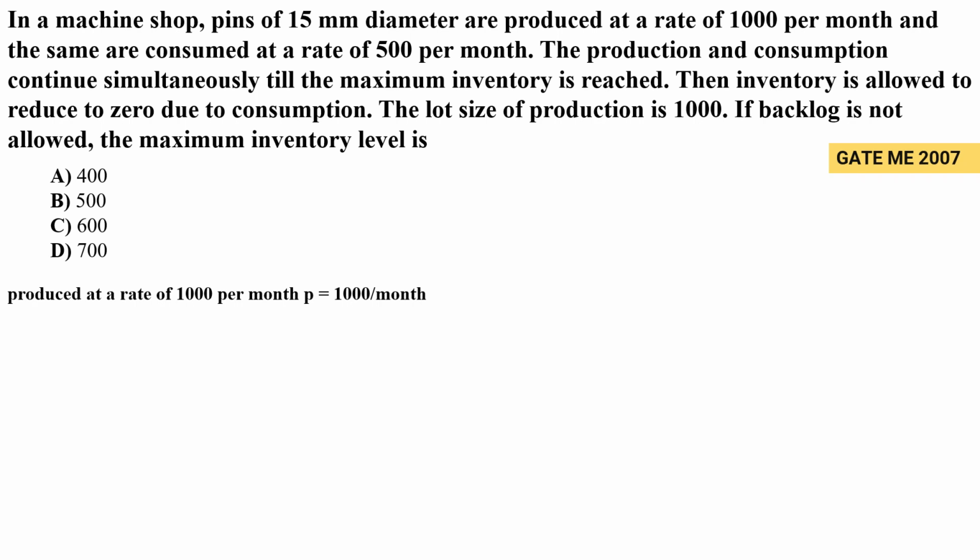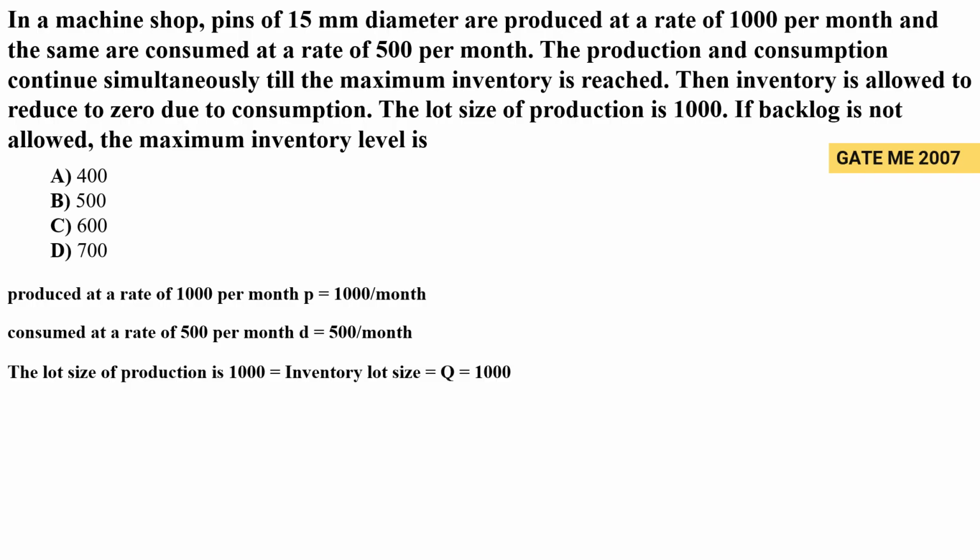So the production rate is given as 1000 per month, and the consumption rate small d is 500 per month, and the lot size of production is 1000, which is nothing but the inventory lot size. So Q equals 1000, and let's consider the maximum inventory level I max.